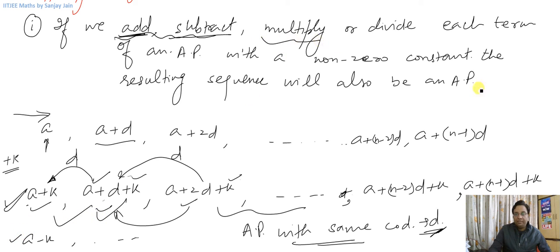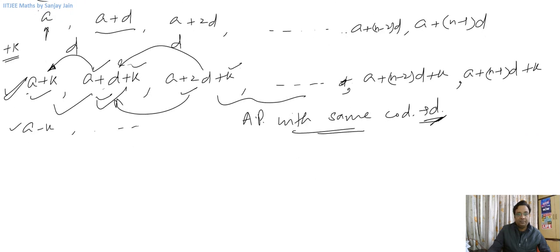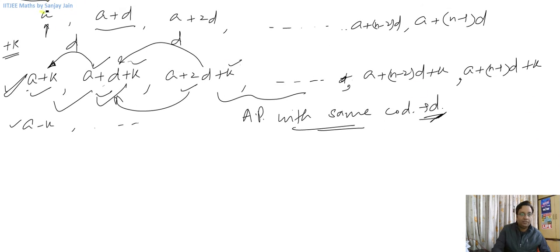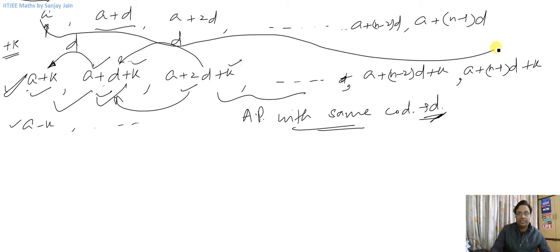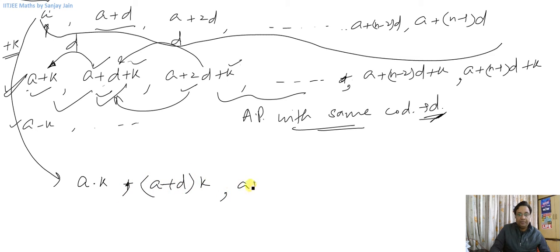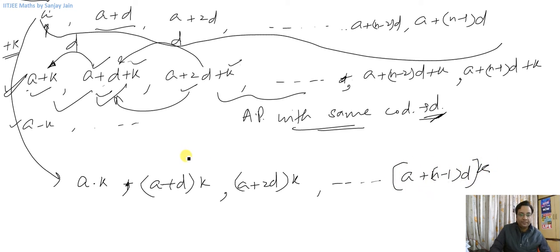Now if I multiply each term with a non-zero constant K, the resulting sequence will be A into K, A plus D into K, A plus 2D into K, and what will be the last term? A plus n minus 1 into D into K.